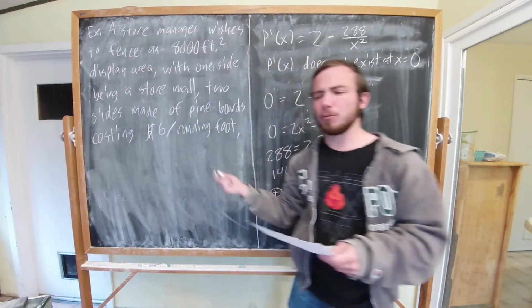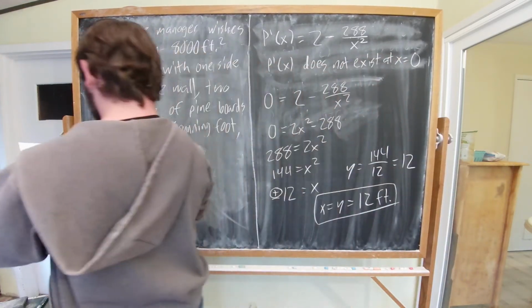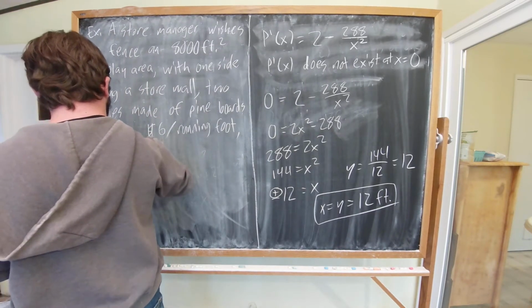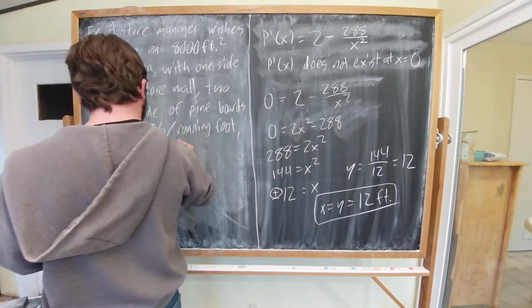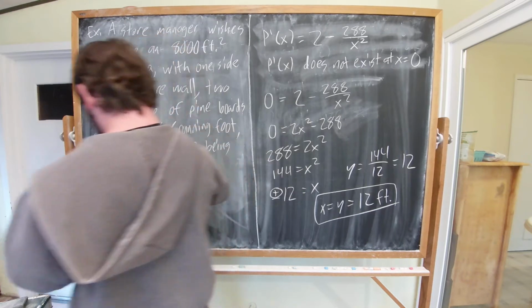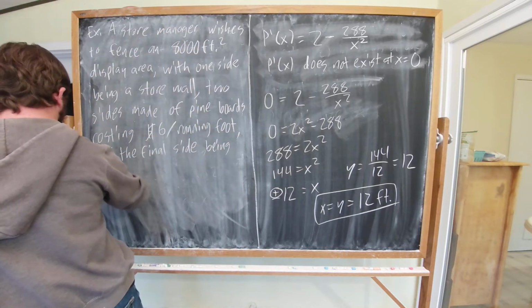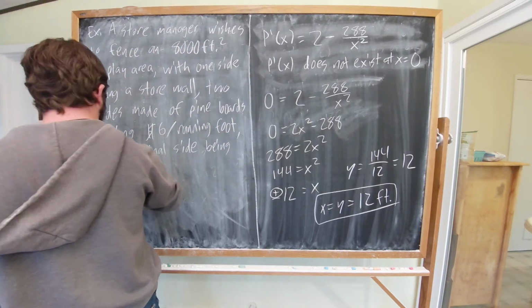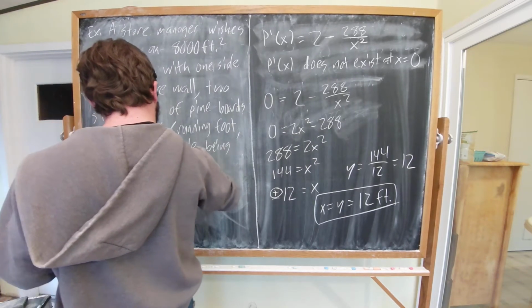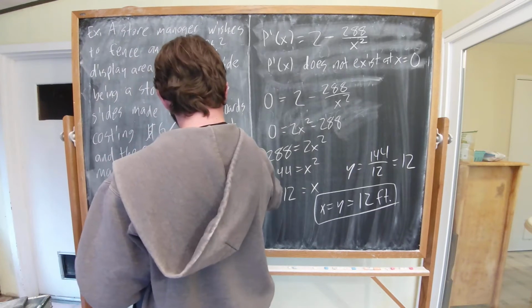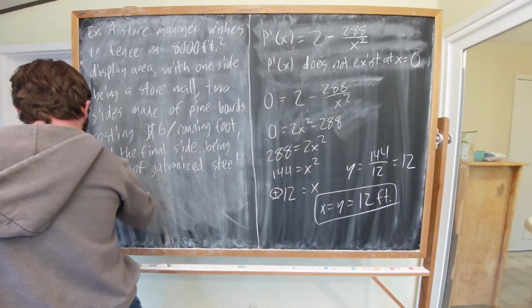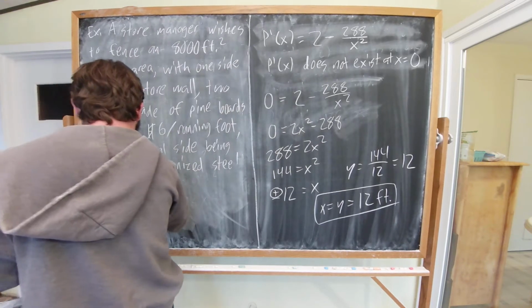And the last side will be made of galvanized steel, costing $3 per running foot.